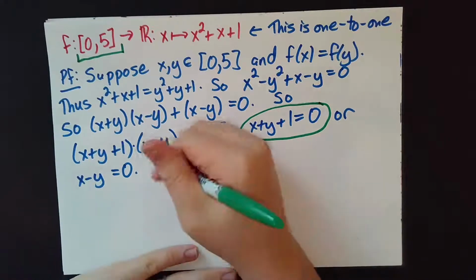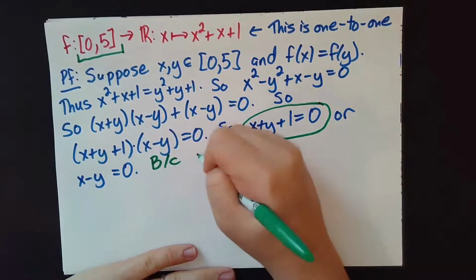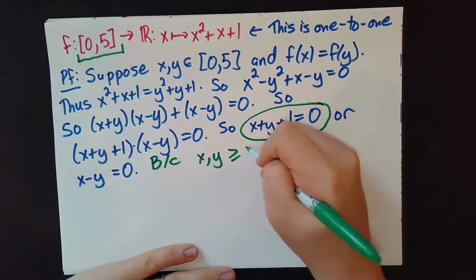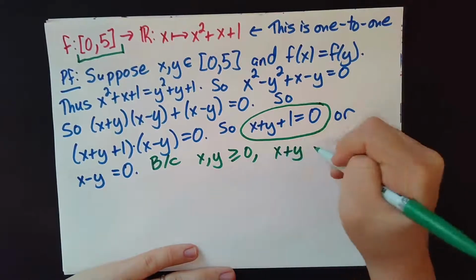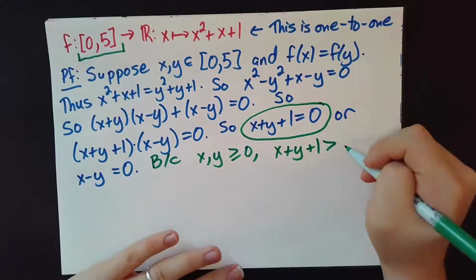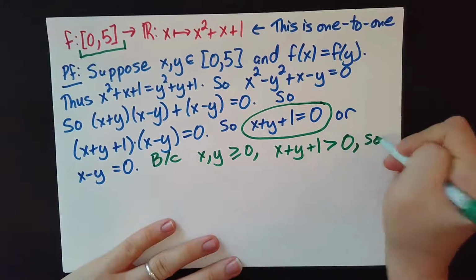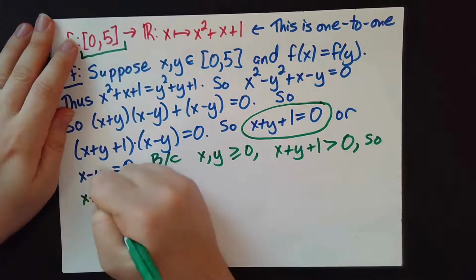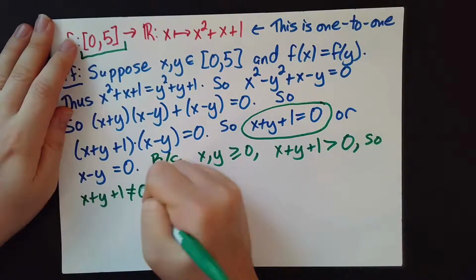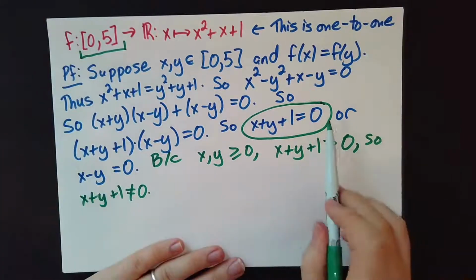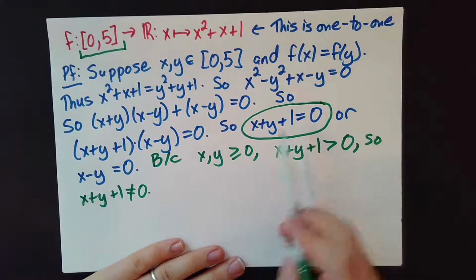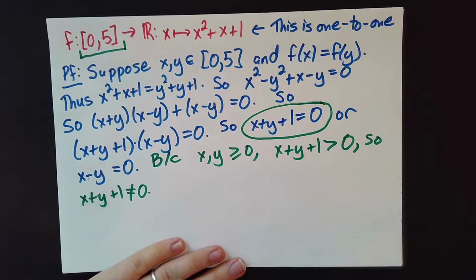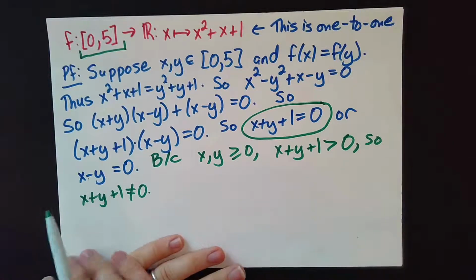So because x and y are each greater than or equal to 0, x plus y plus 1 is strictly greater than 0, so it's not equal to 0. And so I have an or here where it is this or that, but I also have not this, so therefore that.